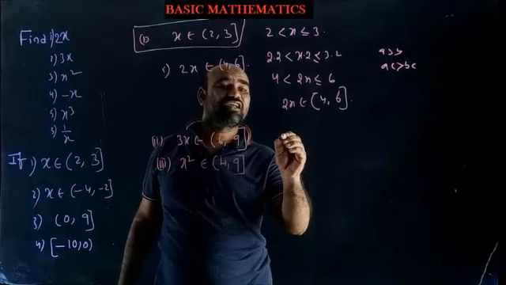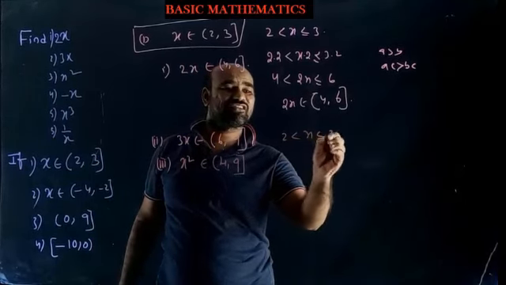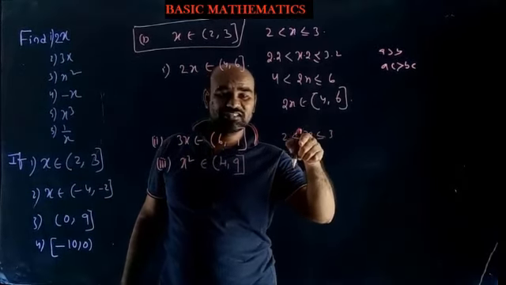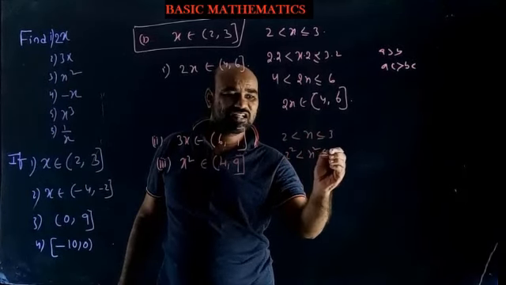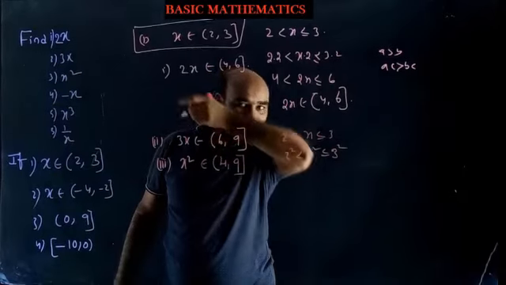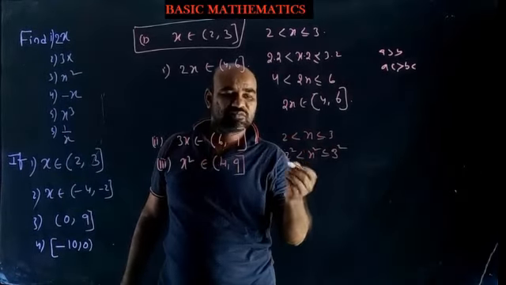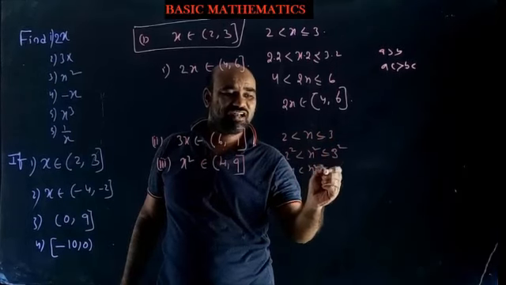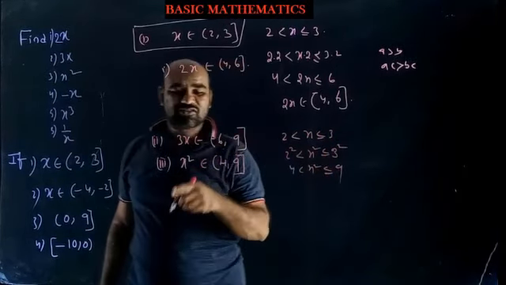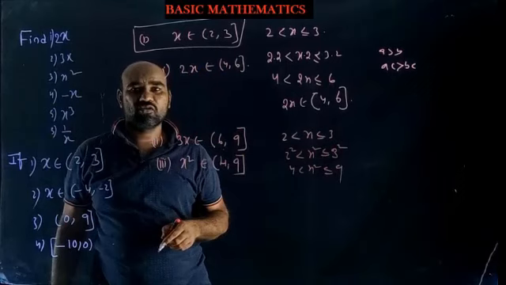What happened here actually? 2 < x ≤ 3. Each element of this set is squared, meaning 2 square < x square ≤ 3 square. Nothing happens to the inequality because all are positive. That's why 4 < x square ≤ 9, or I can say x square belongs to open 4 to closed 9.